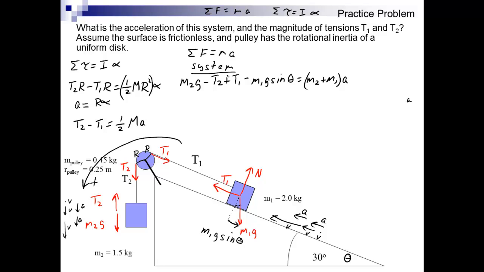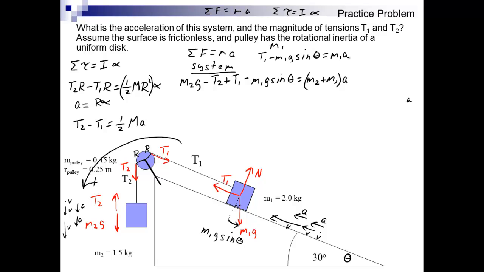Another important thing to do is to also look at these individually. So if we look at these individually, for M1 I would have T1 minus M1G sine theta, and that would equal M1A.